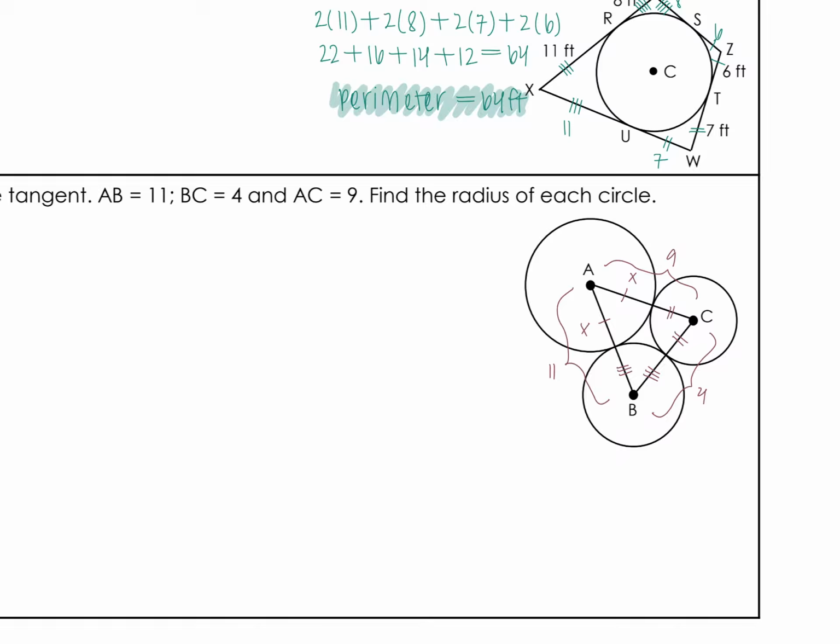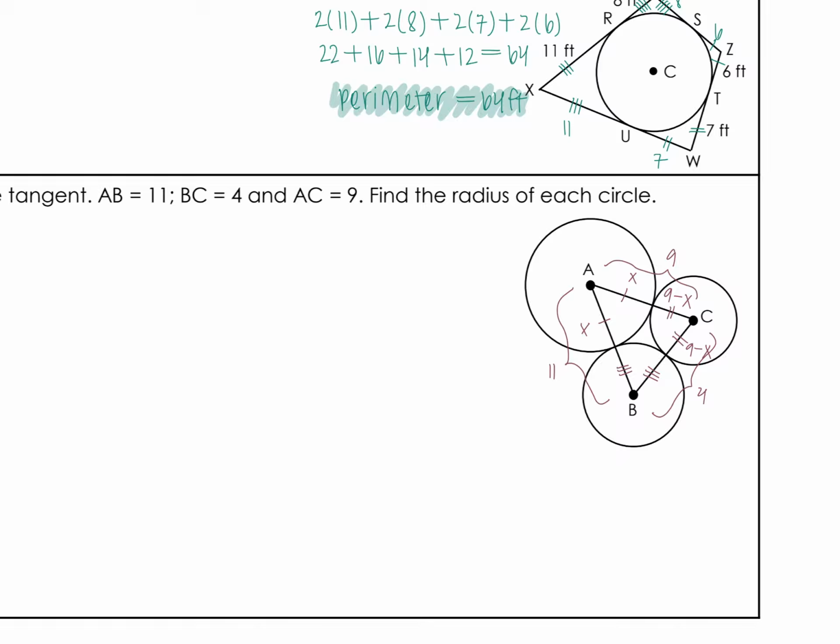So here, since the entire thing from A to C is 9, I can subtract that X from 9 to get that the radius for that circle C should just be 9 minus X. Okay, and then I can do that same thing over here, 9 minus X. And so I'm going to start off with that 4, and I'm going to subtract from 4, 9 minus X to find my radius for B.